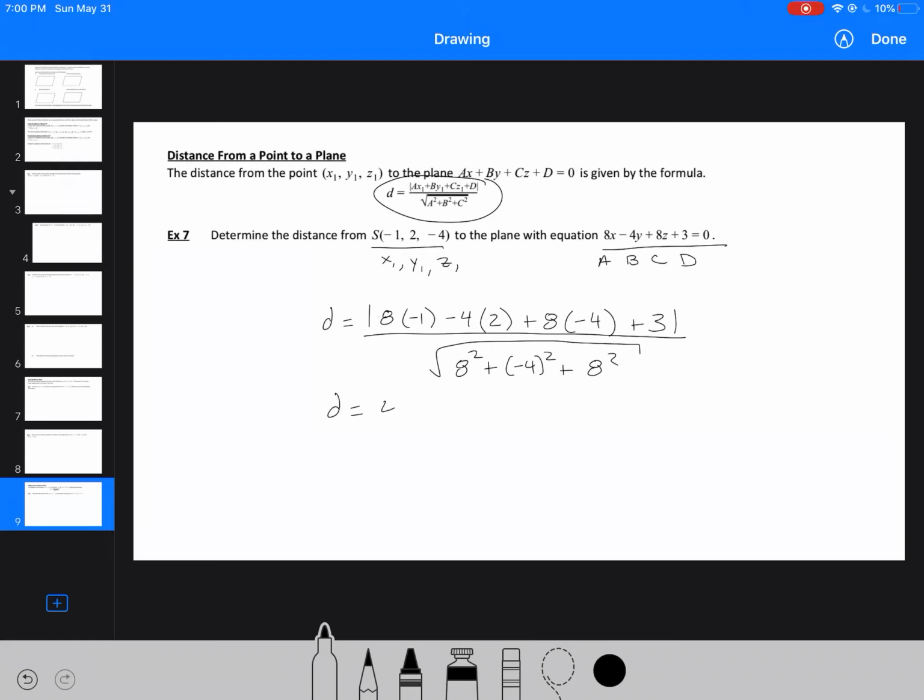Using a calculator or your brain, this will simplify to 45 over 12. Don't forget to do the absolute value of the numerator. And then we can reduce this to 3.75 units. That would be the perpendicular distance from the point to the plane.